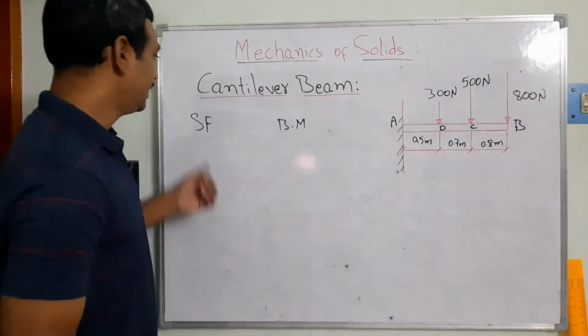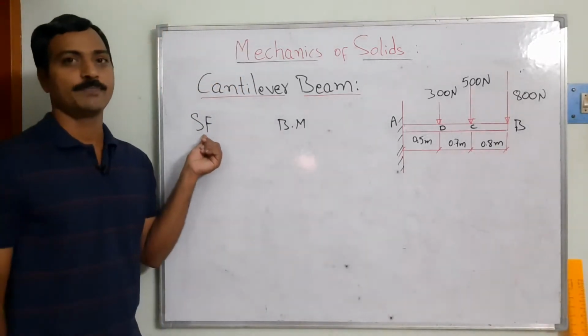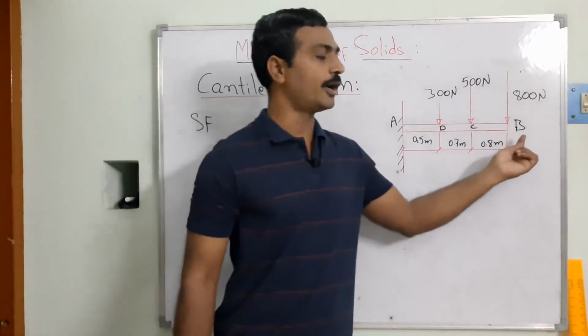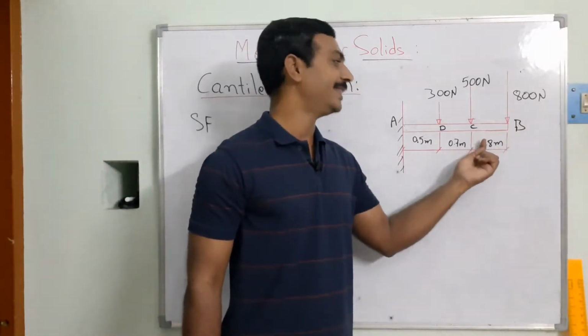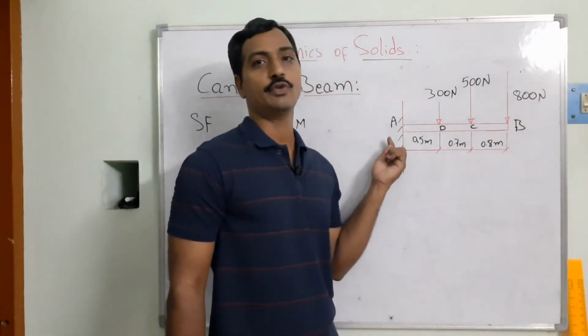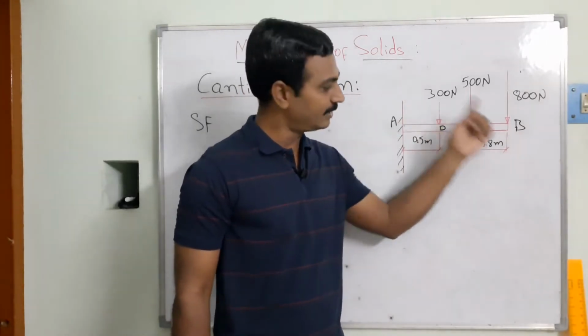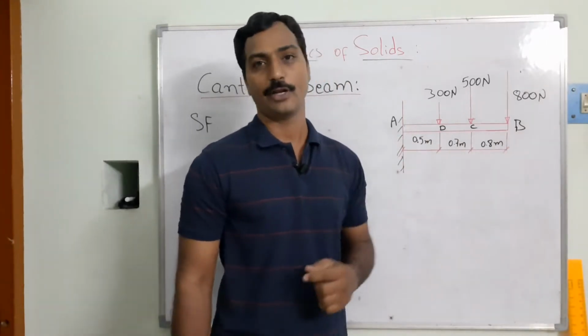Now I want to calculate the shear force. So I am going to start from the point B, then I will move to C, then D, and finally I will come to the point A. And similarly for the moments, I will try to follow the same order.